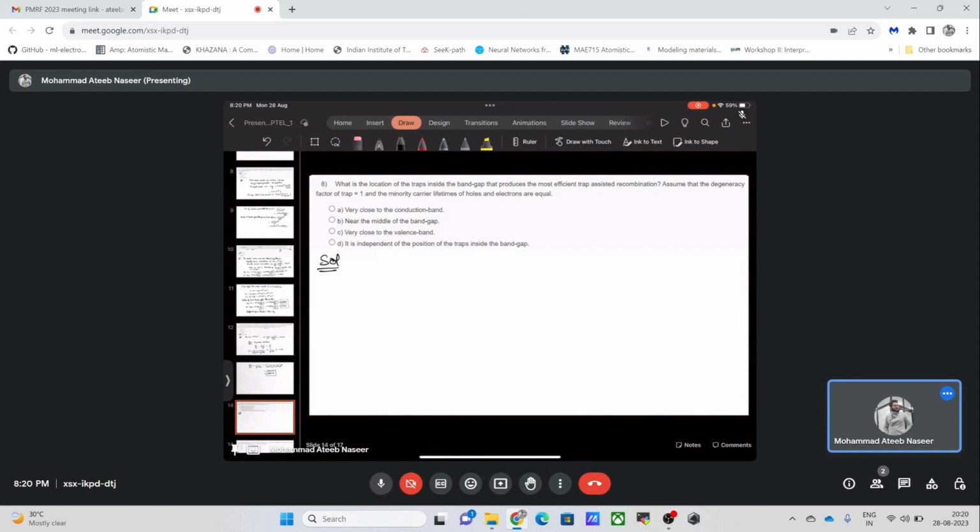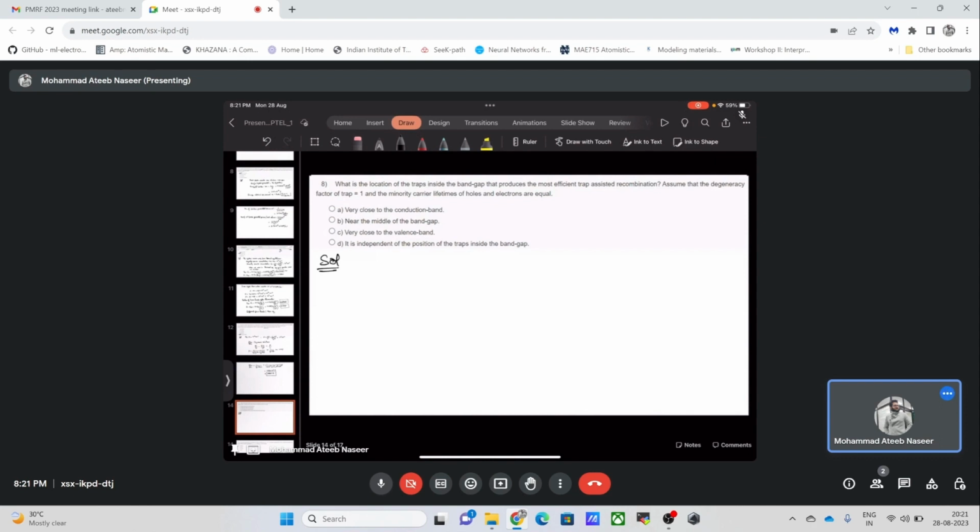So these steps, like staircases, you can consider these traps those staircases. For example, a staircase lying inside the band gap of the material, that is trying to influence the recombination and generation mechanisms by providing these electrons and holes an easier way for the mechanisms of generation and recombination.